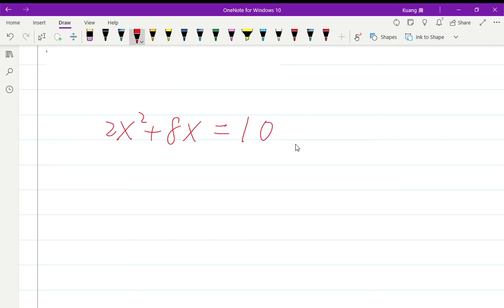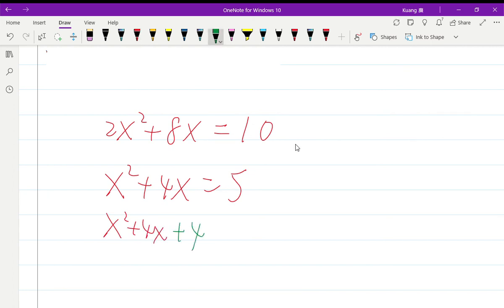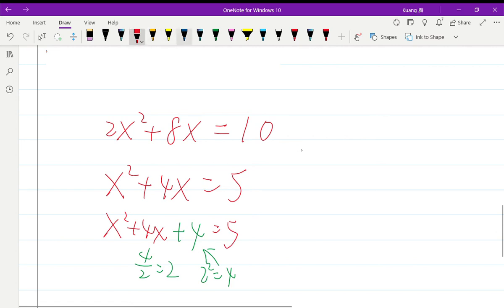So first thing you have to do is divide by 2. So x squared plus 4x equals 5. And then you complete the square. x squared plus 4x plus 4, because 4 divided by 2 is 2 and 2 squared equals 4. You put it here. And then this is 5 plus 4 to complete the square.